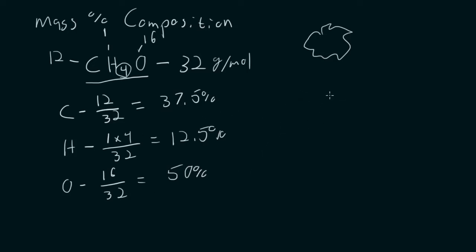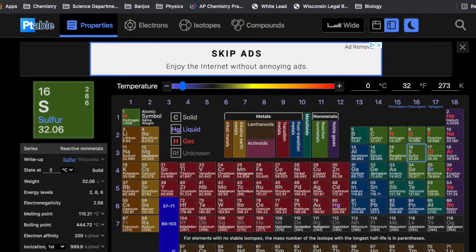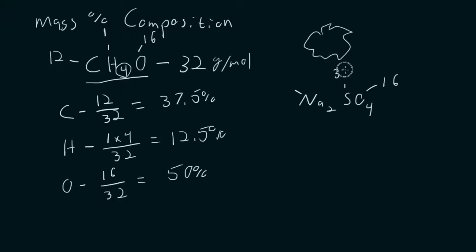Let's try another example. Let's do Na2SO4. Now I know each individual oxygen is going to be 16. Sodium and sulfur, I don't know those off the top of my head, so let's look those up. Sulfur is going to be 32.